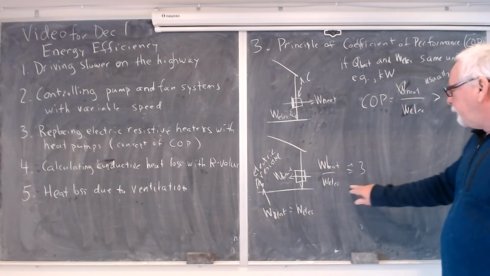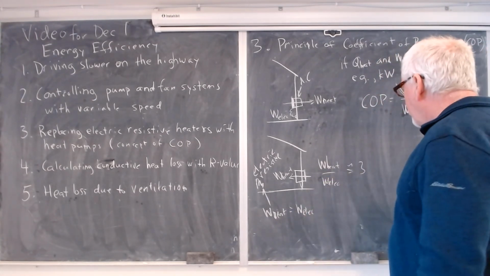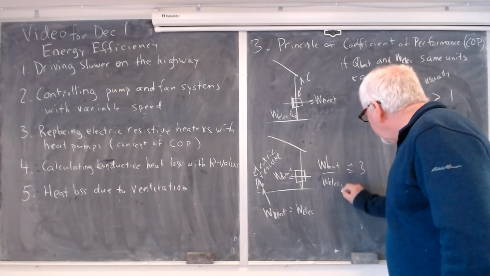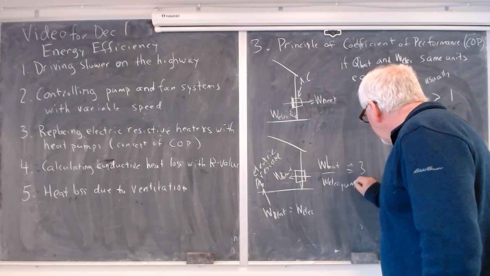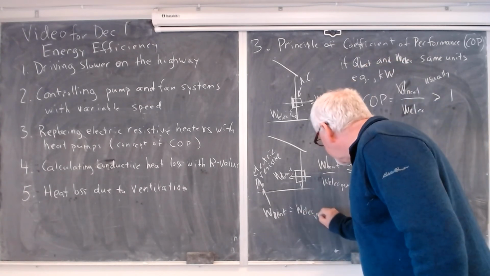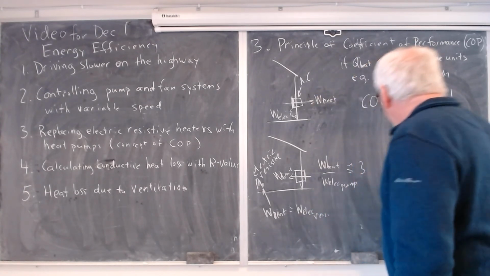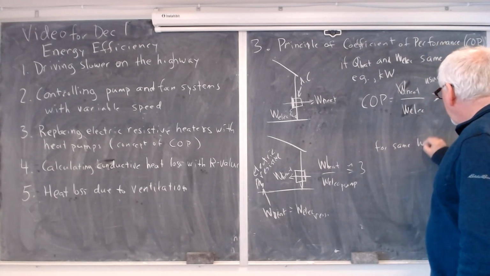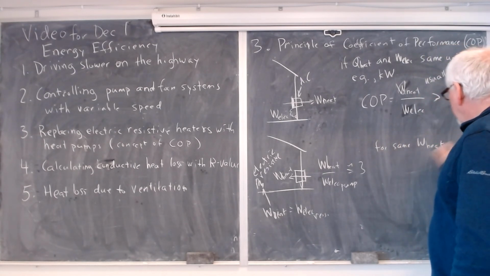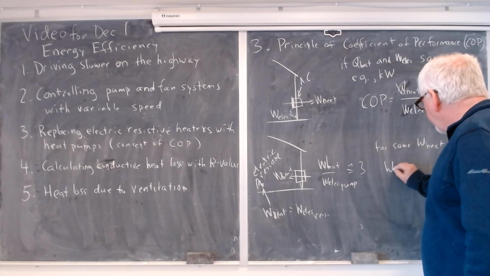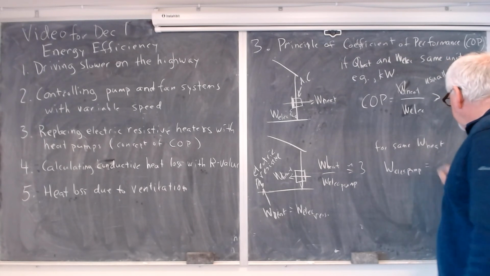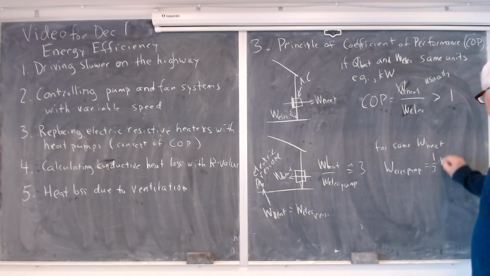So if your air conditioner's COP is 3, and this is W electric of the heat pump and this is W electric of the resistive heater, it means that for the same W heat, W of the heat pump is 1/3 of W of the resistive heater.